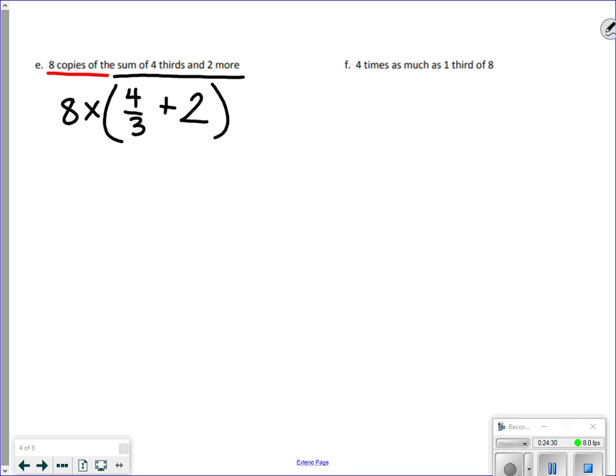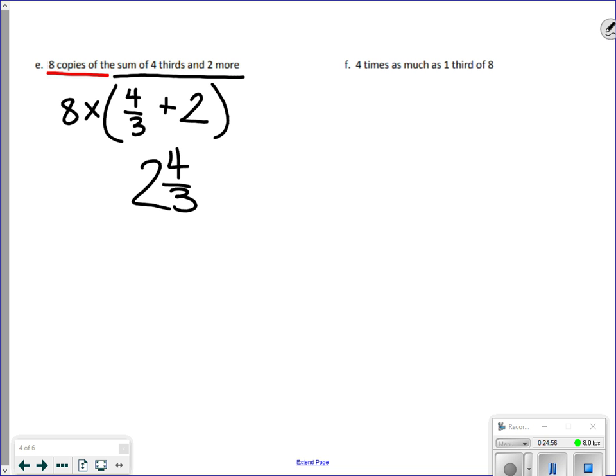Now, I just got finished talking about if I have 4 cups of water and a 1/2 cup of water, then I have 4.5 cups of water. So I have 2 and 4/3. I don't have to do common denominators or anything.